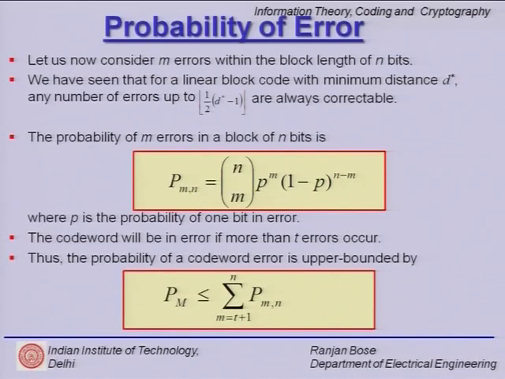Now up to m equals t errors can be corrected, but t plus 1 up to n, all such errors cannot be corrected by our linear block code whose d star is greater than or equal to 2t plus 1. So we have this upper bound by summation over all m from t plus 1 up to n.